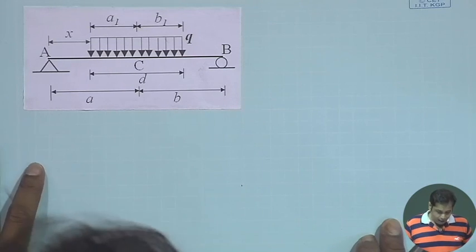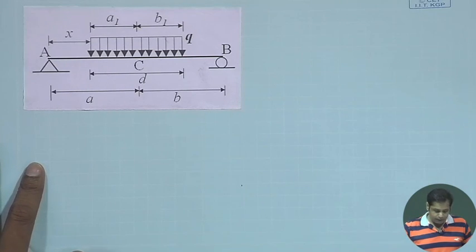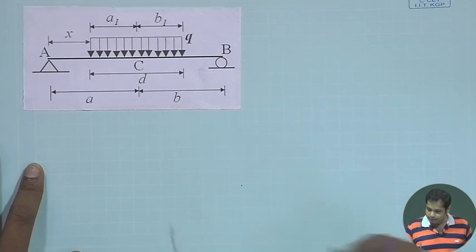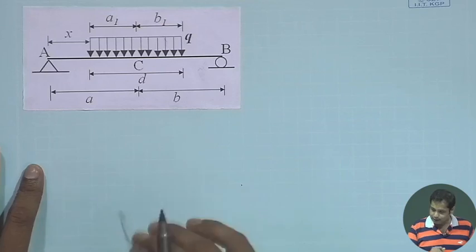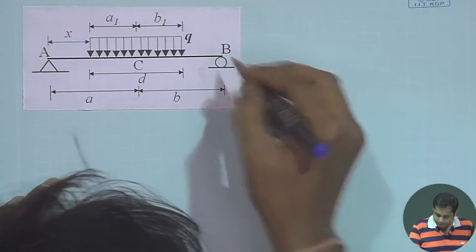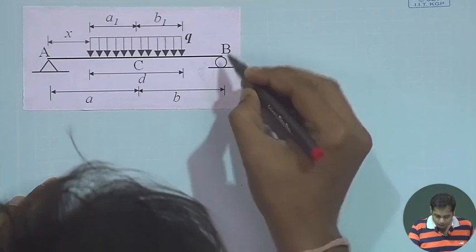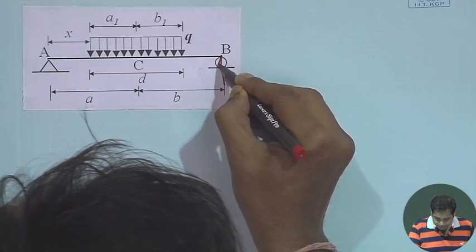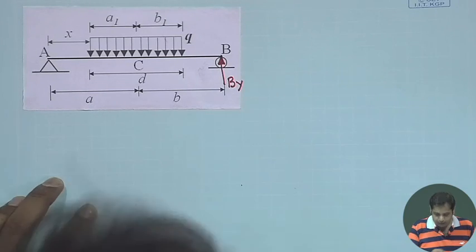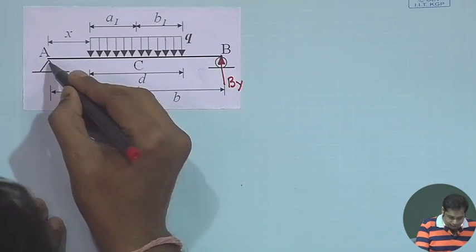Let us first draw the free body diagram for this position of the load, of the entire structure. This will be By, and this is Ay.